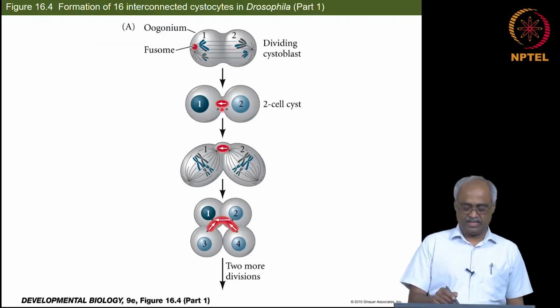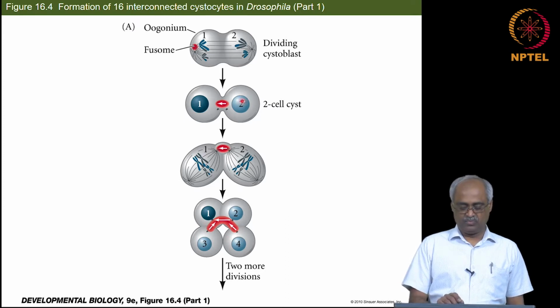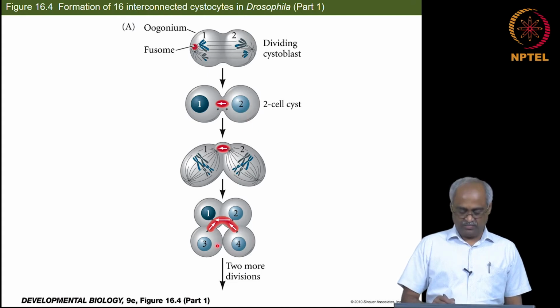First division, second division, so these two remain together, and then this is going to divide, and see this is going to be connected to this, this is going to be connected to this. These two are not connected, came from the same one, so therefore there is connection, and from this whatever is going to come, that is going to have connection with this, that is 3 and 1, and similarly 2 divides into another one, 4. So, 2 and 4 have the connection. So, 3 and 4 never had a connection, so they are not going to have a connection.